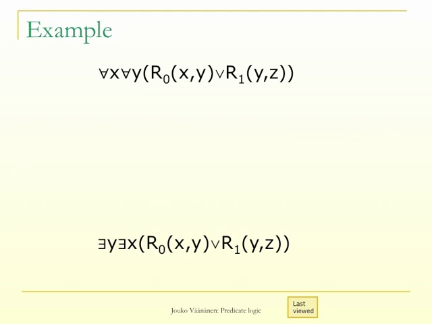We want to derive ∃y ∃x (r0(x,y) ∨ r1(y,z)) from ∀x ∀y (r0(x,y) ∨ r1(y,z)).